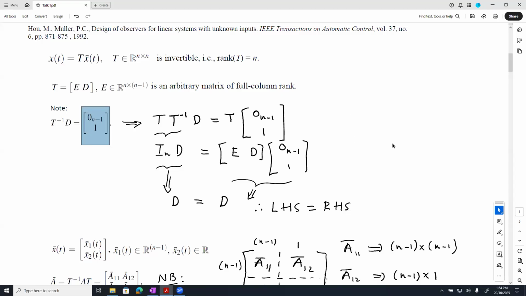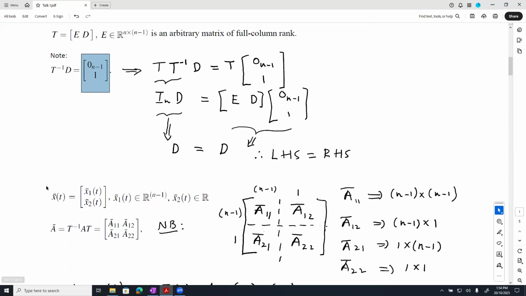Now, the new state vector x bar of t, we partition into two vectors. The first one is x1 bar, which is of dimension n minus 1, and therefore x2 bar is just a single variable.